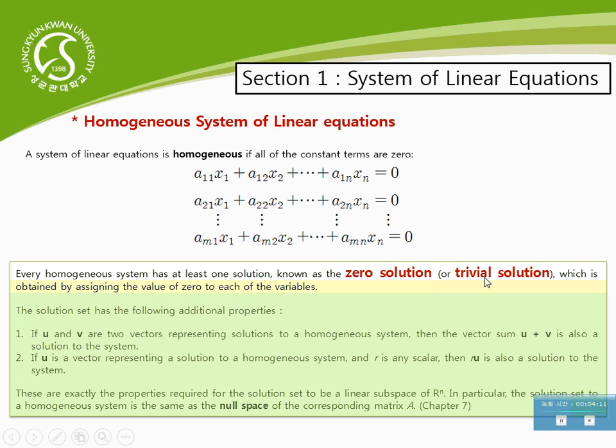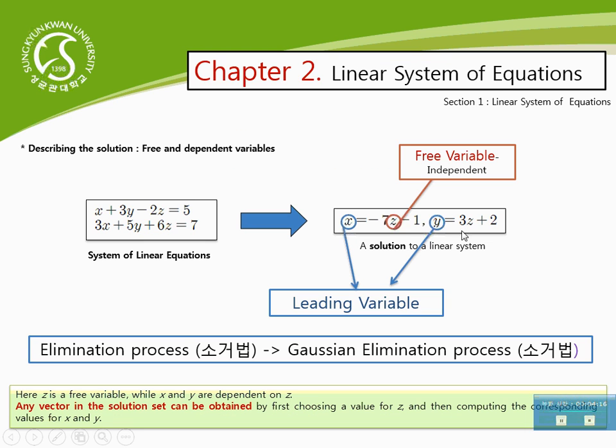Okay? We call it the trivial solution. It's the zero vector. Okay. When we have this set of linear equations, we can easily find the solution for x and y. In that case, we call this g a free variable, and the others are leading variables.